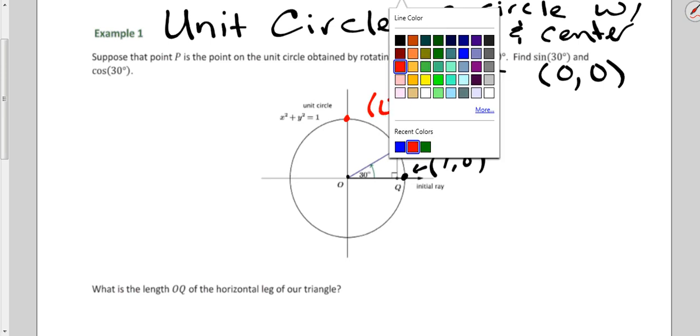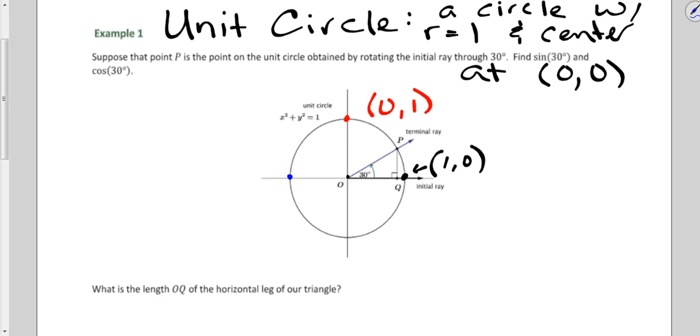Do this one in blue. What's that point? Kaya, what's this point right here? What's my x coordinate right here? Remember, this point is 1, 0, right? It's going -1.